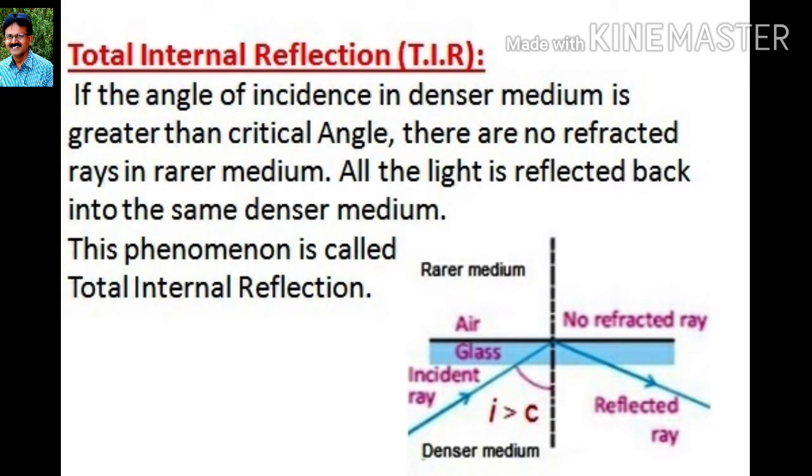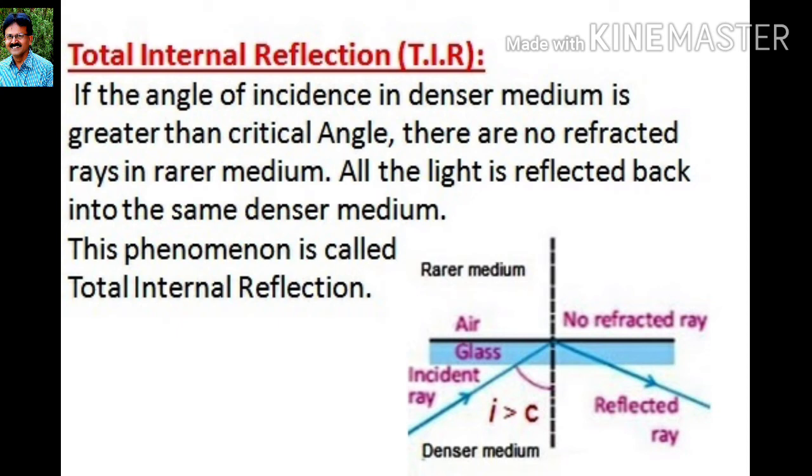If the angle of incidence in the denser medium is greater than the critical angle, there are no refracted rays in the rarer medium. All the light is reflected back into the same denser medium. This phenomenon is called total internal reflection.